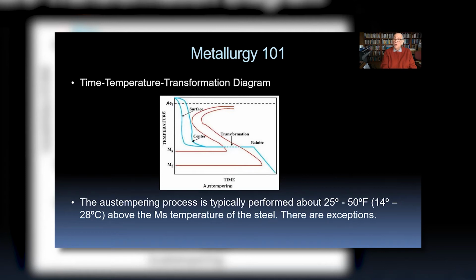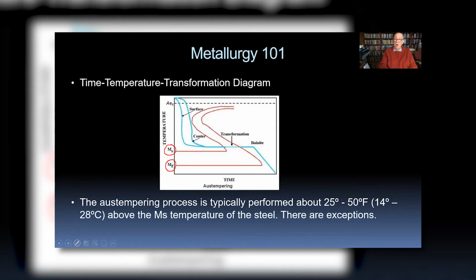We get ready to quench it. And what we're dealing with is we're rapidly cooling. And under normal hardening, you'll notice that there's two lines there, one called MS and one called MF. MS is the martensite start line, and MF is the martensite finish line.